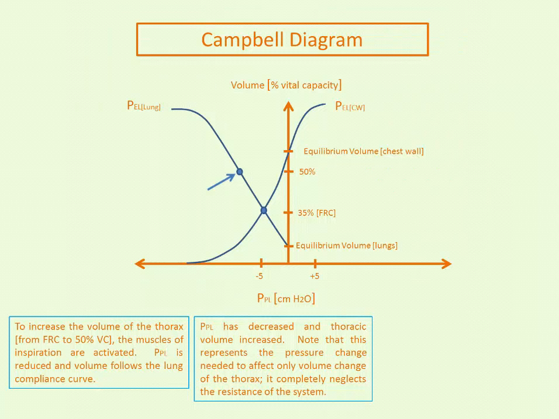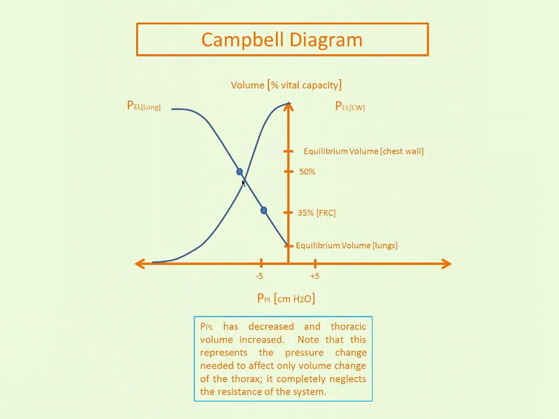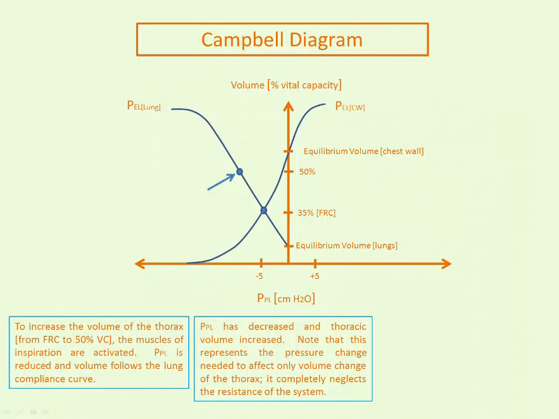And that's true. What's really happening is that during an inspiration, the chest wall elastance curve is actually changing as the muscles of inspiration are activated. So to see that again, if you were to inspire from FRC to 50% vital capacity, you activate the muscles of inspiration to lower the pleural pressure.